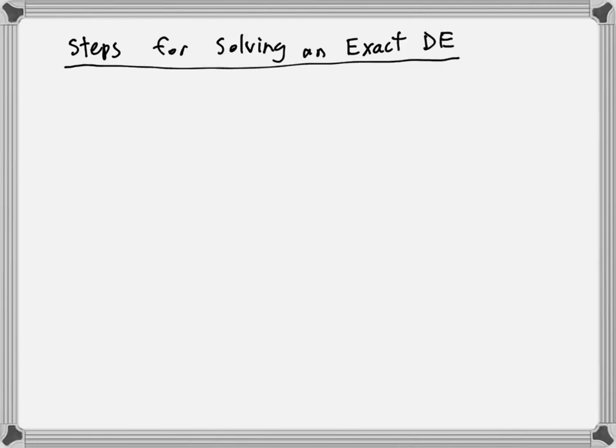Remember, you're going to assume that you're starting off with some differential equation, star, which looks like this: M dx plus N dy is equal to 0. So step one, of course, is to first check to make sure it actually is exact, because on an exam you're not going to know unless it passes the test.